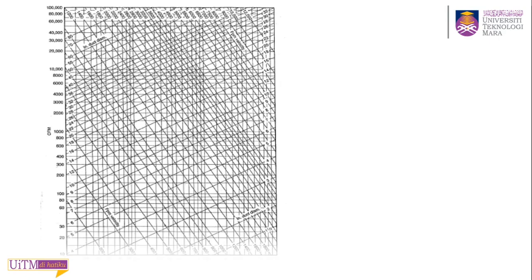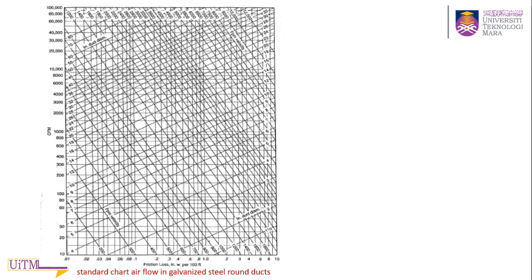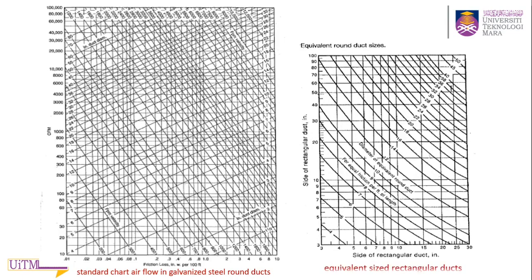Now, as mentioned before, the two required charts to determine the size and frictional losses using the equal friction method are the standard airflow galvanized steel round duct chart and the equivalent size rectangular duct chart. On the standard airflow galvanized steel round duct chart on the left, we can read the value for CFM, the velocity FPM, the frictional losses coefficient, and the diameter of the round duct.